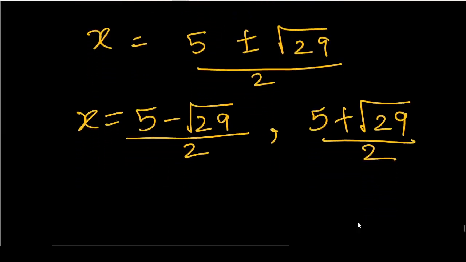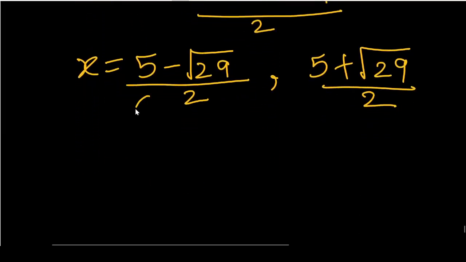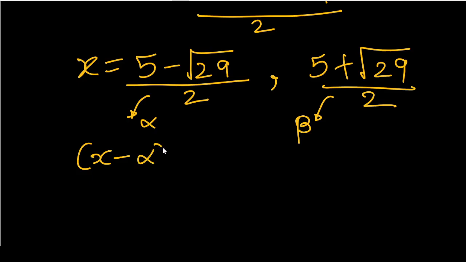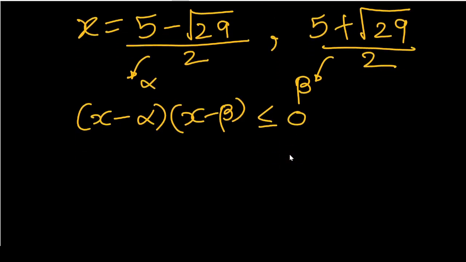So the lesser value, we know that we assign them alpha, we assign them beta. So x minus alpha, x minus beta less than equal to 0, we will use, whose answer is x greater than equal to alpha, less than equal to beta.